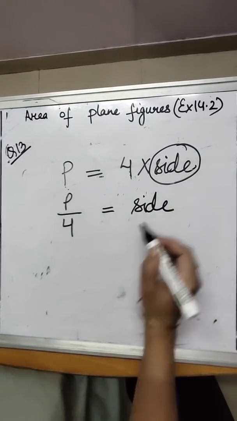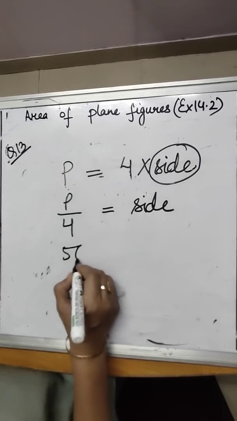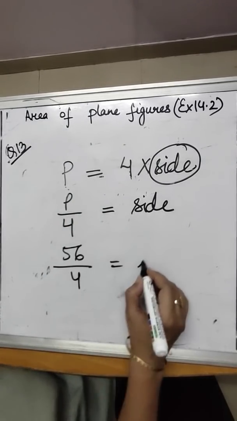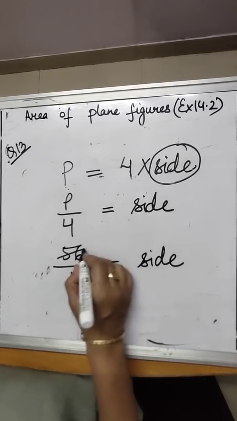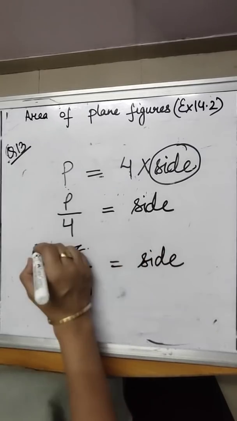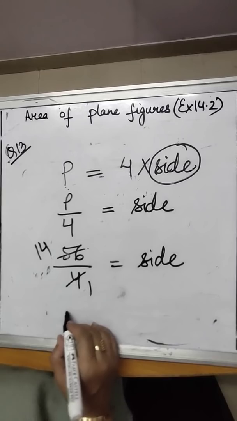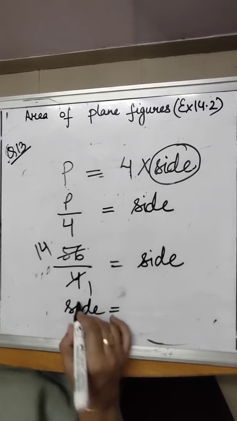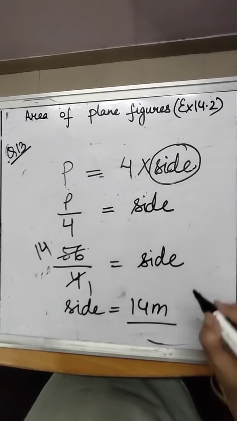And then I get the value of side. So what is perimeter? It is 56 upon 4 is side. And this will be equal to 14. So side of the square is 14 meter. Okay.